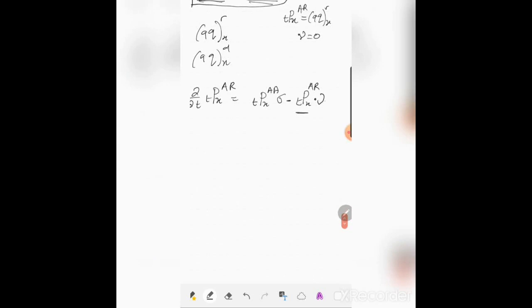So if nu is going to be 0, probably it's because the retired state is an absorbing state.